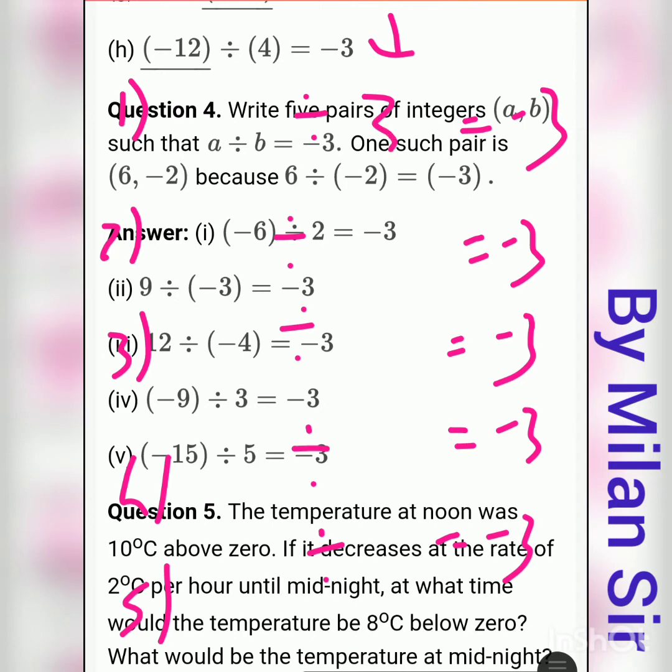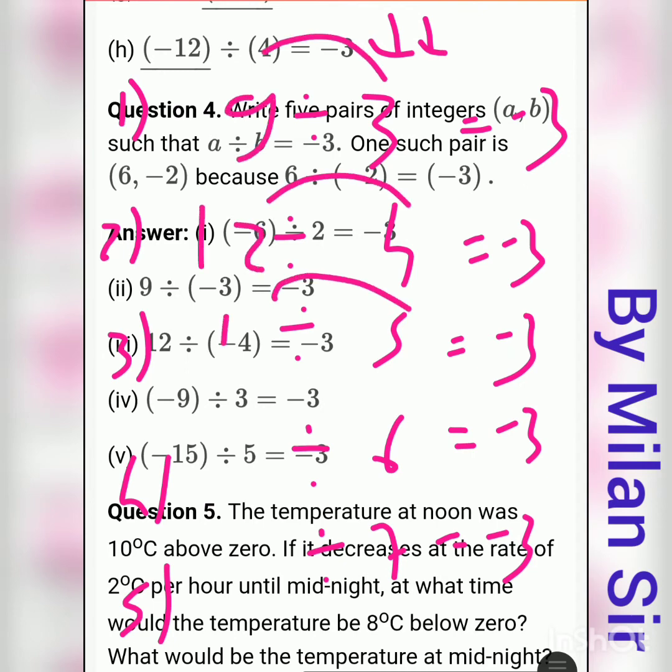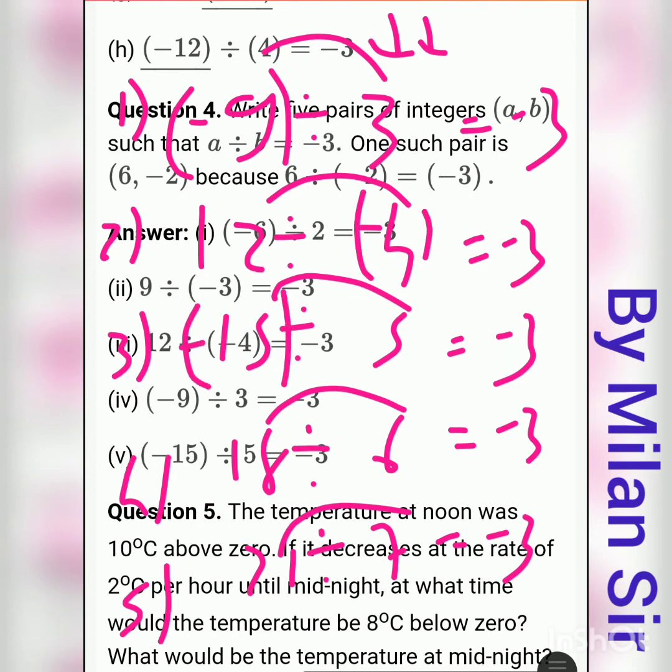So we write 3, 4, 5, 6, 7 and multiply all these numbers by 3 and write down here. So 3 3s are 9, 4 3s are 12, 5 3s are 15, 6 3s are 18, 7 3s are 21. Then any one number we can give the negative sign because we want a negative answer. So here you can give, otherwise here you can give. It's your choice. So in this way we can get the 5 pairs.